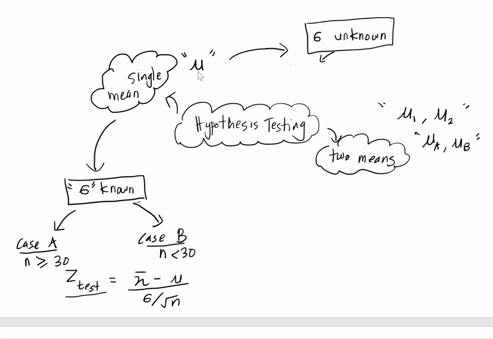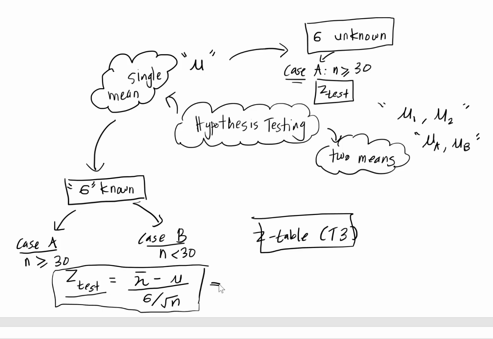We have case A, in which n is greater than 30. For this case, we are going to use the z-test, in which the formula of the z-test is the same as this formula. But the standard deviation of the population is unknown.